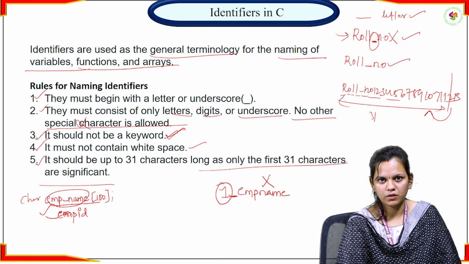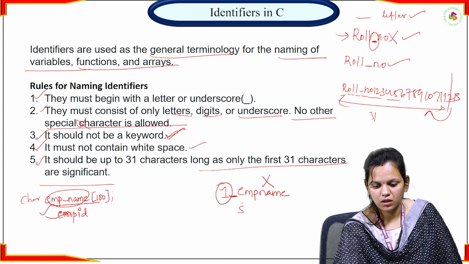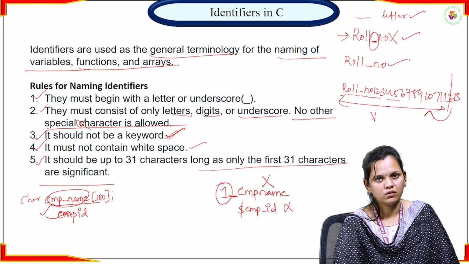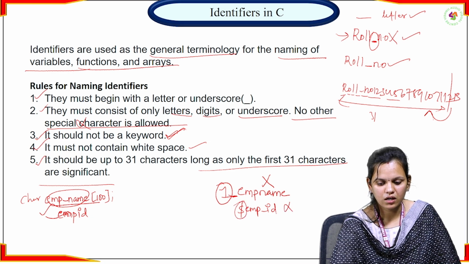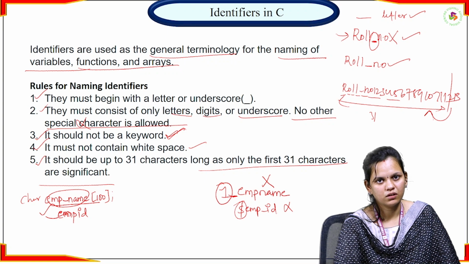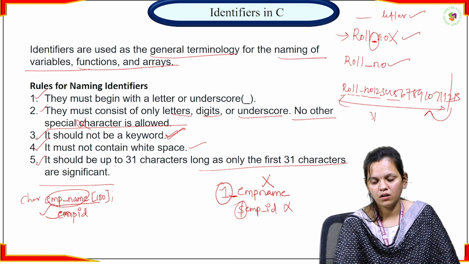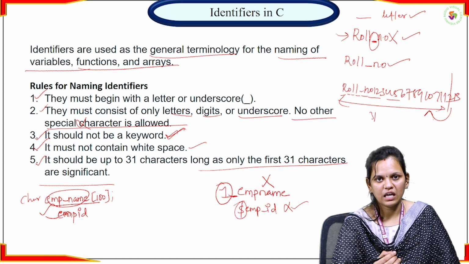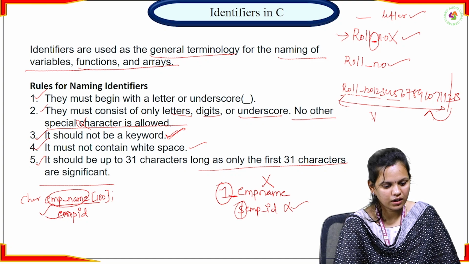This is a valid variable. If I use any other special symbols there, this is not a valid identifier because I have used the dollar sign there. No other special characters should be involved in naming identifiers.